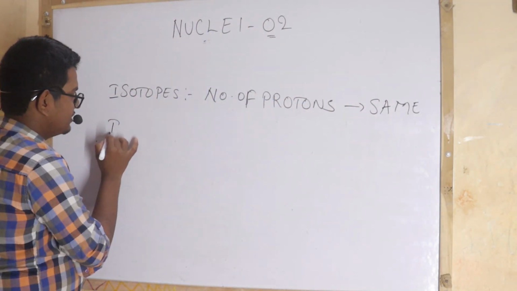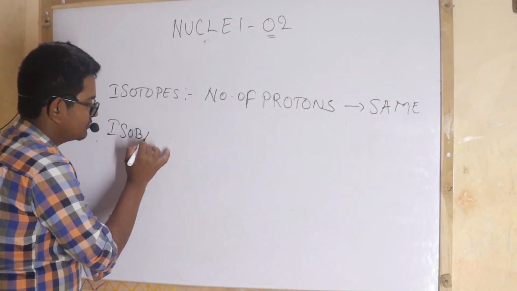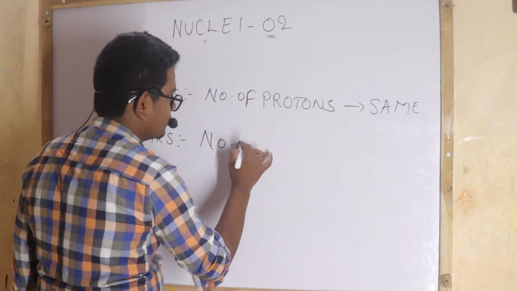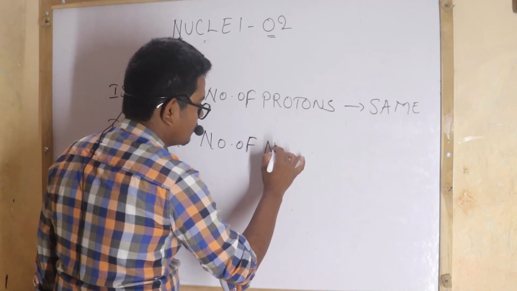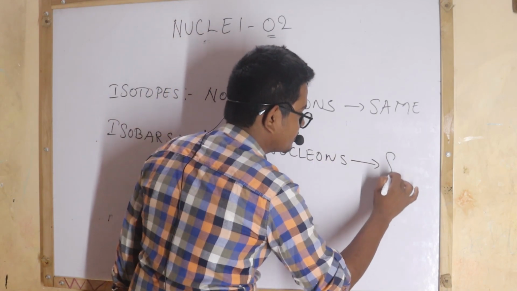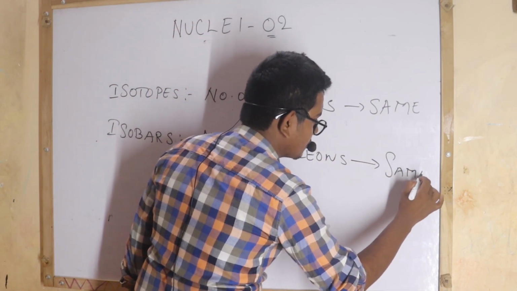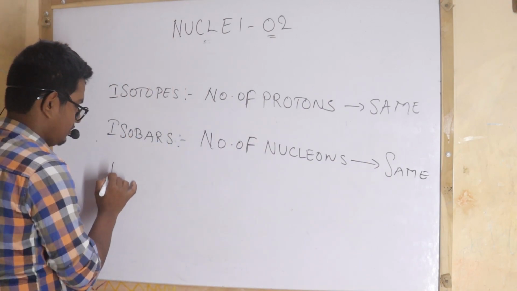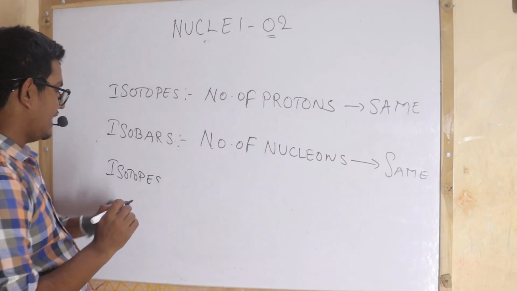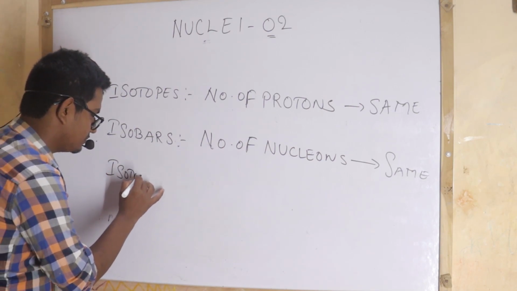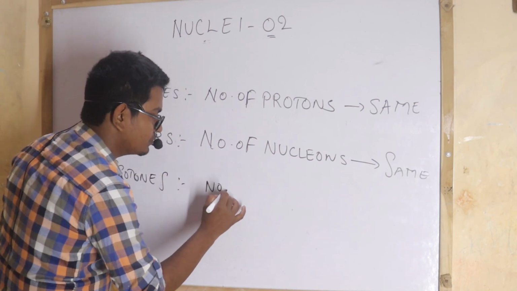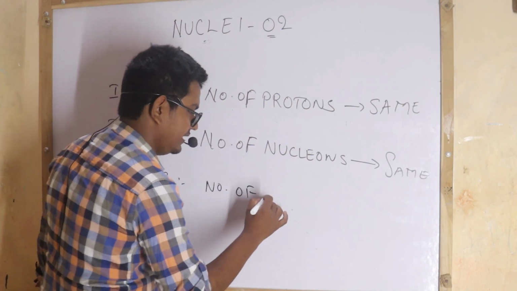In isobars, number of nucleons should be same. In isotones, number of neutrons are same.